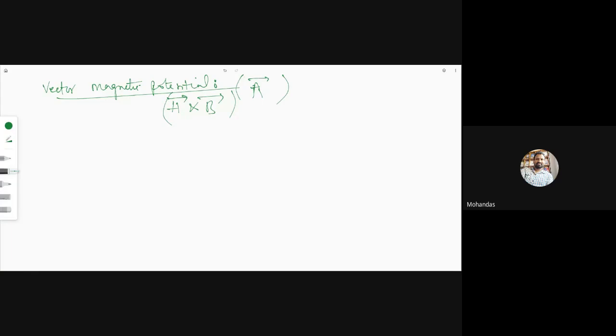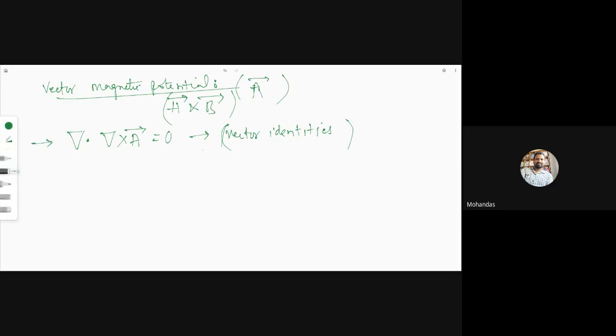Now, before defining this, let me state the identity. Another identity in vector calculus is that divergence of curl of A equal to 0. This is from vector identities, from vector calculus.